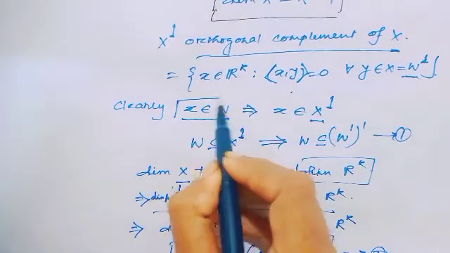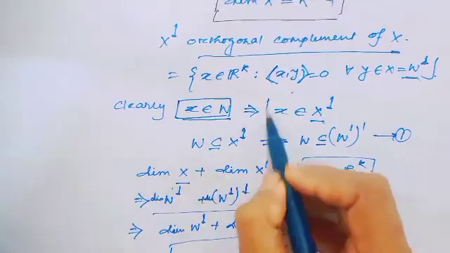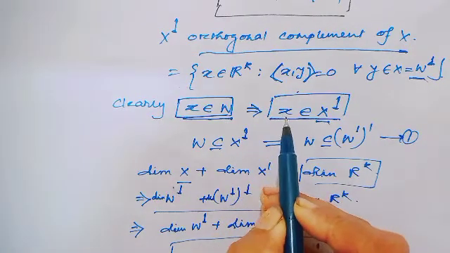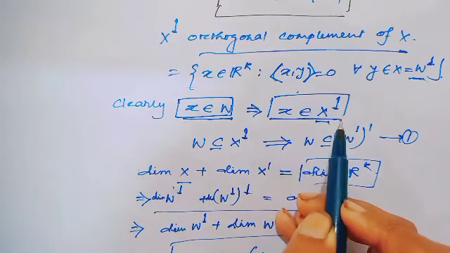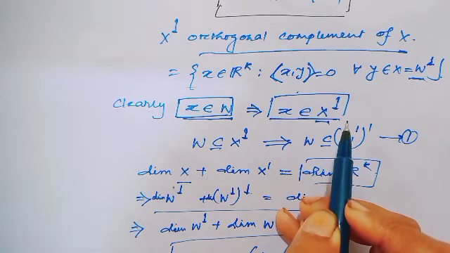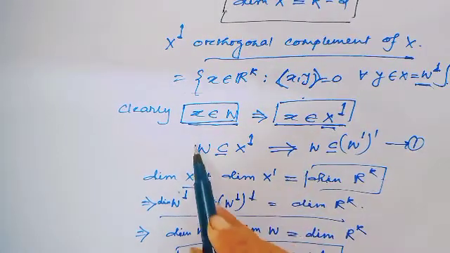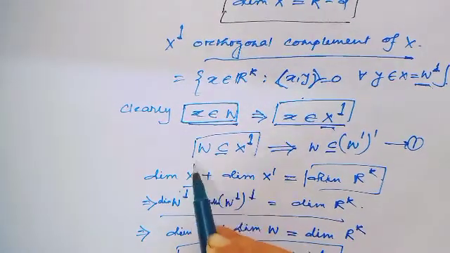And clearly x belonging to W always implies x belongs to X perp, because every vector of W is always orthogonal to X. That means from this expression we can tell W is contained in X perp.